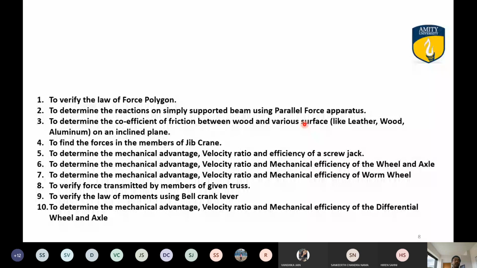So today we will be discussing the first practical, and once I discuss it, I will give you some time, because in this we have to verify the polygon of forces, which means we have to make a polygon. On the basis of the first reading, you will make a polygon.